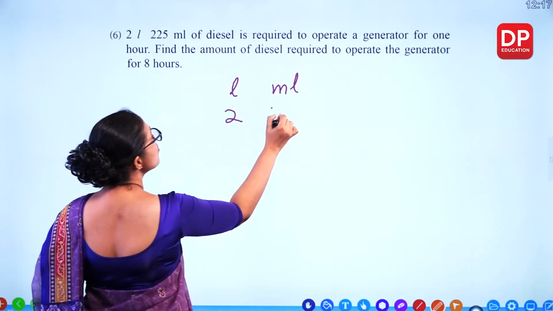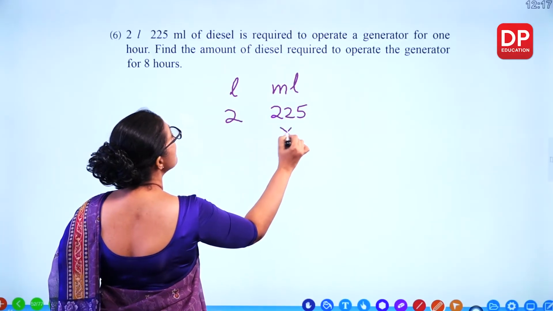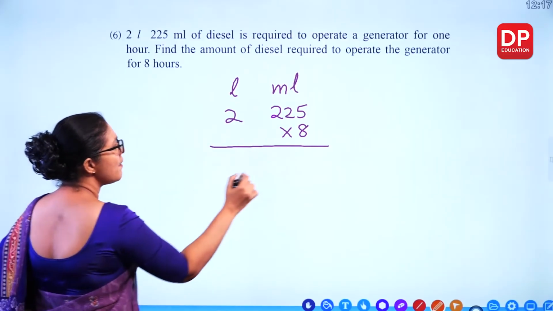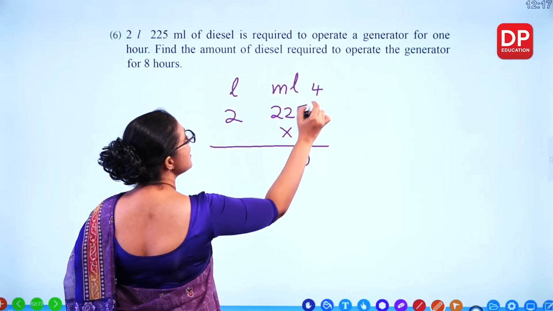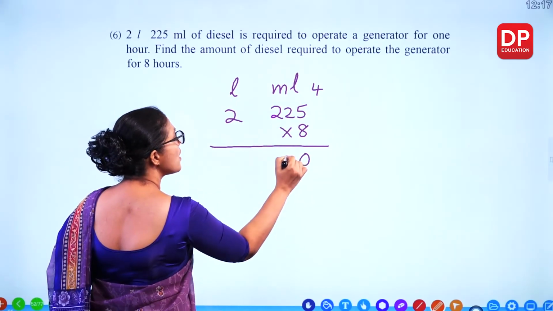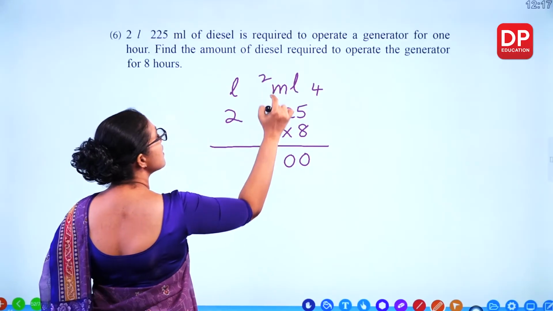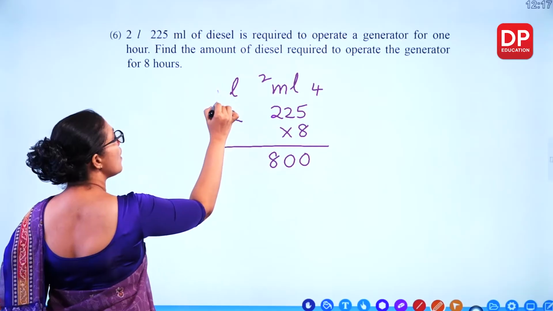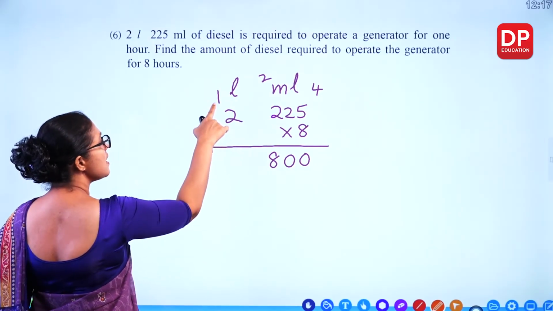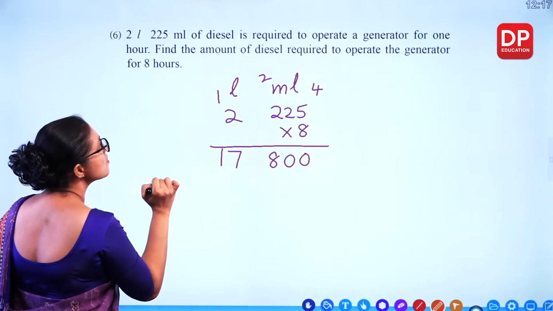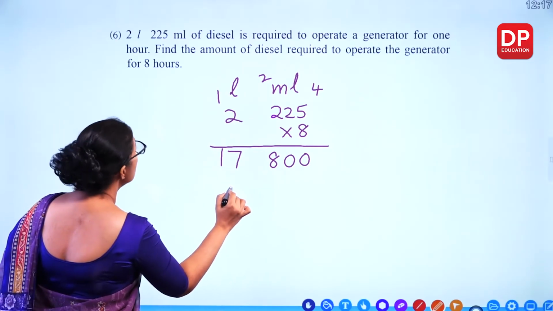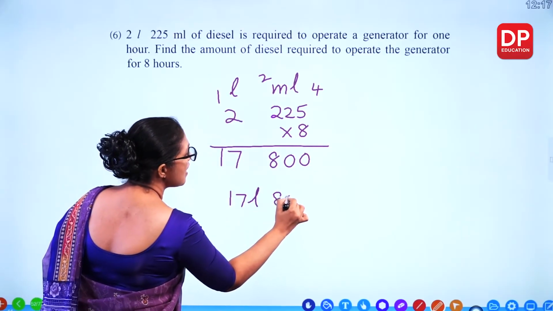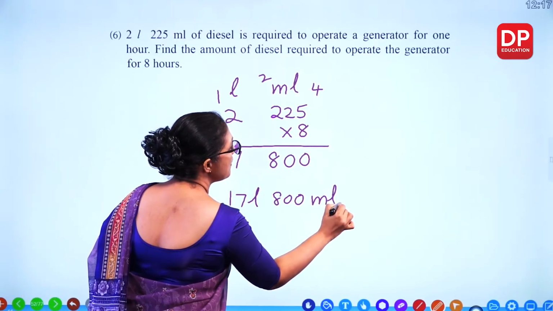This is 2 and 225 multiplied by 8. 8 times 5, 40. 4 remain. 8 times 2, 16 plus 4, 20. 2 remaining. 8 times 2, 16 plus 2, 18, and you take 1 here. 8 times 2, 16 plus 1, 17. So what's the amount needed? For 8 hours, 17 liters and 800 milliliters.